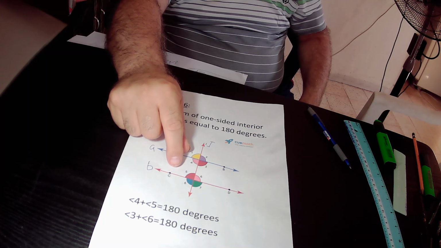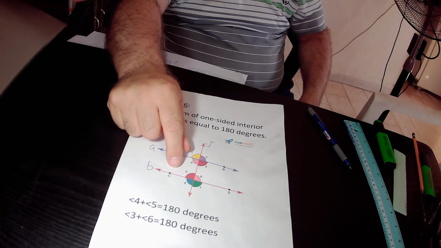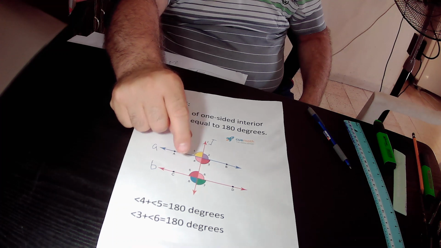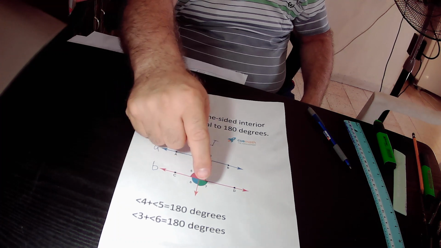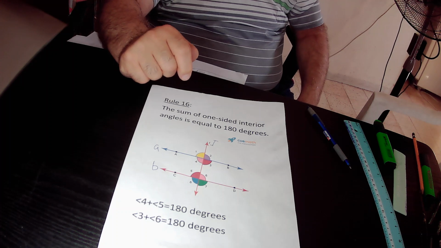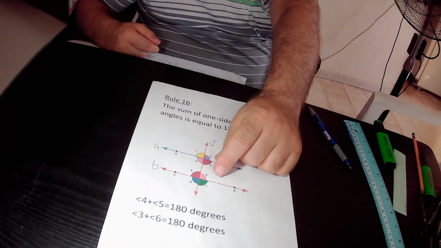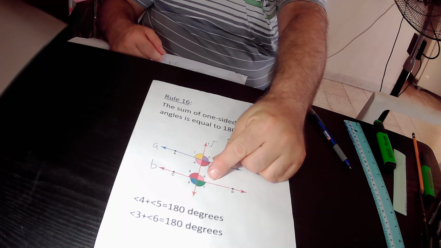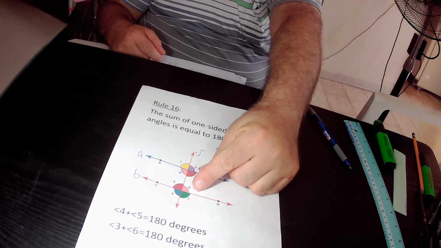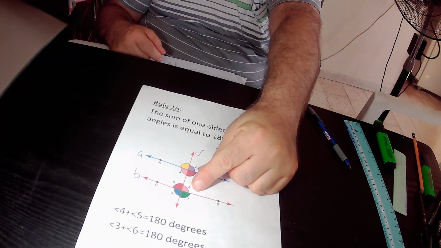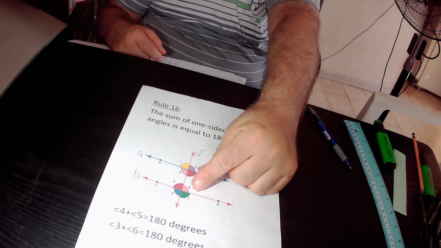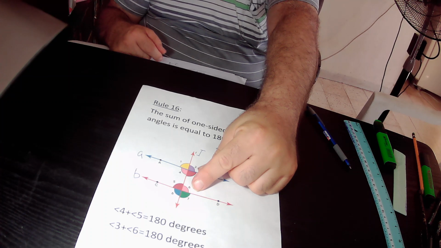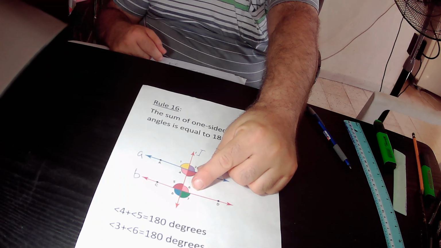And according to rule 16, the sum of those two angles is equal to 180 degrees. So angle 4 plus angle 5 equals 180 degrees. Likewise, those two angles, 3 and 6, are also one-sided interior angles, and therefore the sum of them is 180 degrees. So angle 3 plus angle 6 is also equal to 180 degrees.